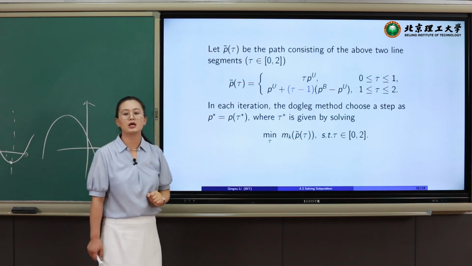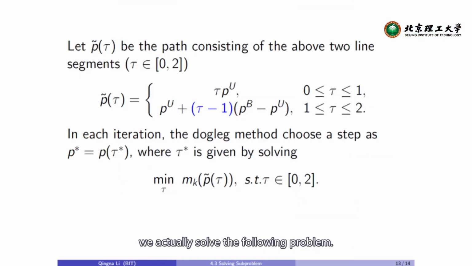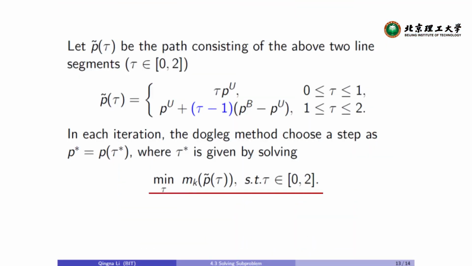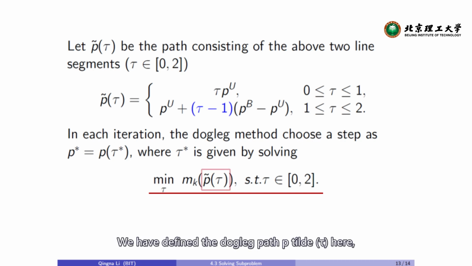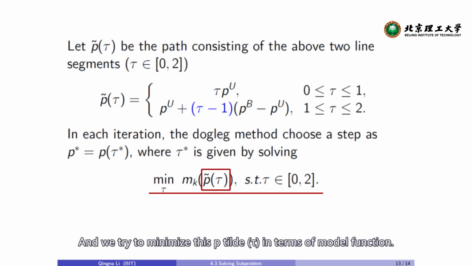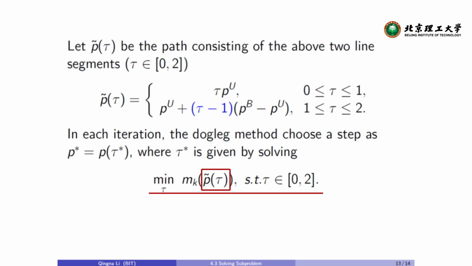So in each iteration, we actually solve the following problem, okay? We have defined the dogleg path p tilde tau here, where this tau is a variable, all right? And we try to minimize p tilde tau in terms of the model function. Then this will give us the dogleg method.